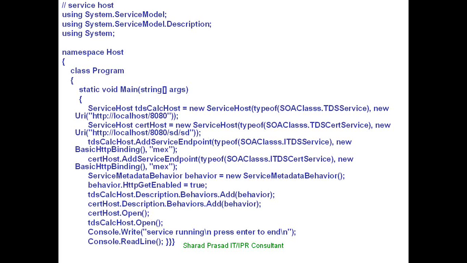There are some attributes which we need to specify for behavior. For example, to use the services provided by this class, the client will discover and try to get some data about these classes, and that we call metadata. So metadata exchange is one important point as far as services are concerned.